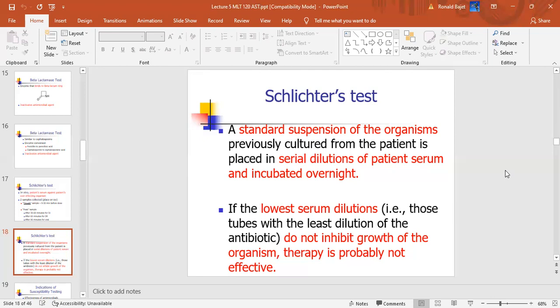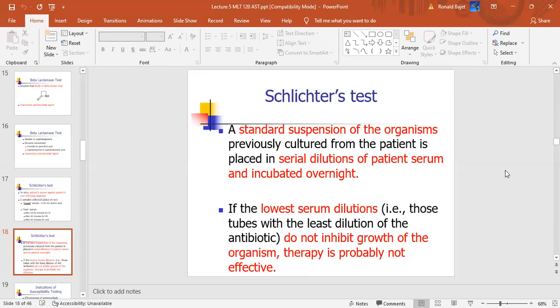And the lowest serum dilution that does not inhibit growth, if the lowest serum dilutions do not inhibit growth, then that means your therapy is not effective, because now you're getting growth in the lowest dilutions. You should be getting no growth if the antibiotic is effective. But here, the important thing to note is that the Schlichter test uses peak and trough samples of the antibiotic.